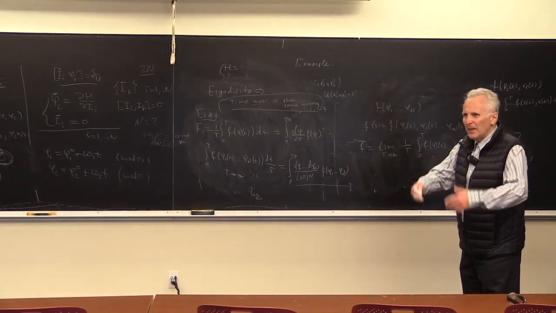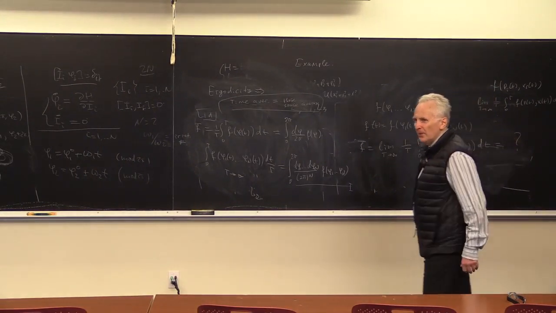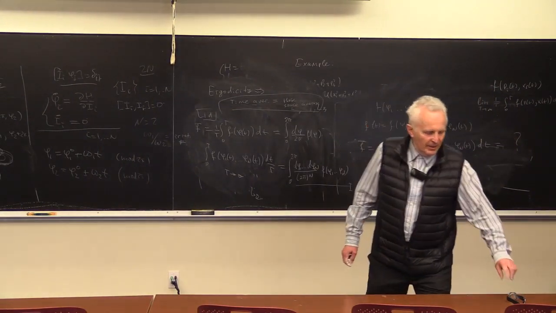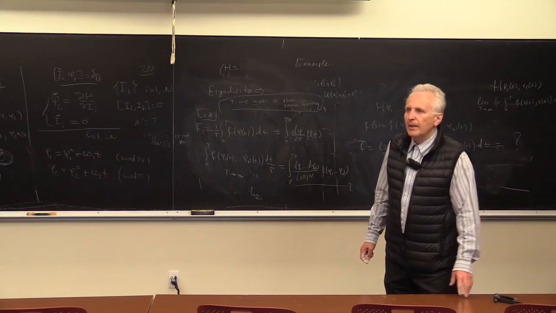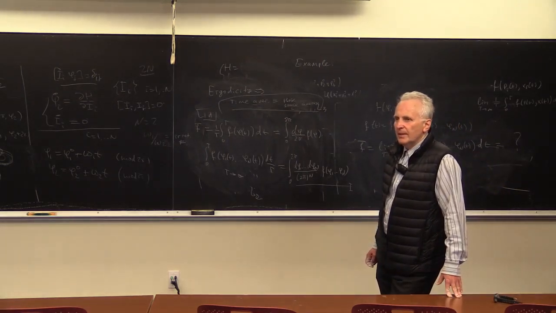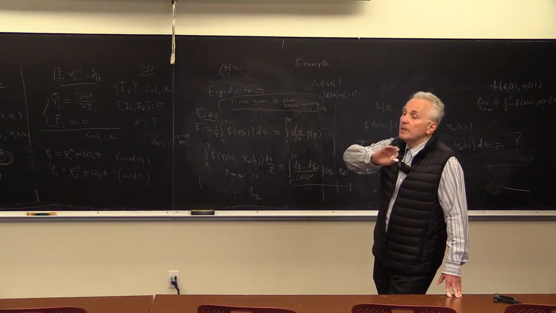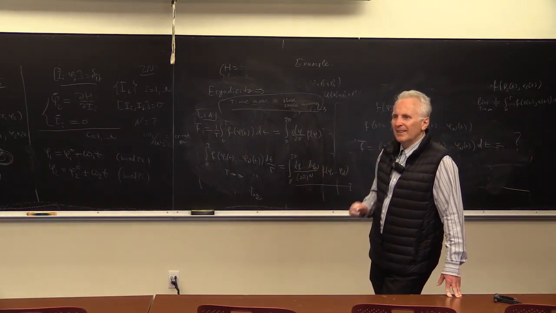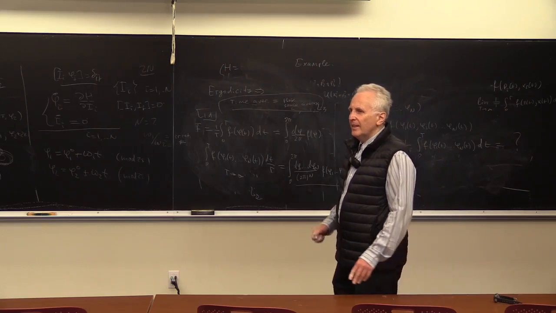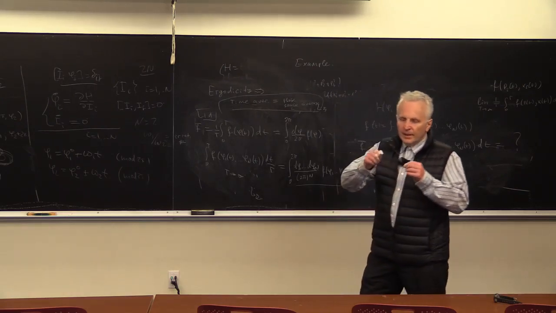But explain why. What's the intuitive origin? If there's a rational ratio, then after one of them goes p periods, the other one will go exactly q periods. Yeah, but suppose it's irrational. Then what? Then they'll cover almost every spot. That's right.